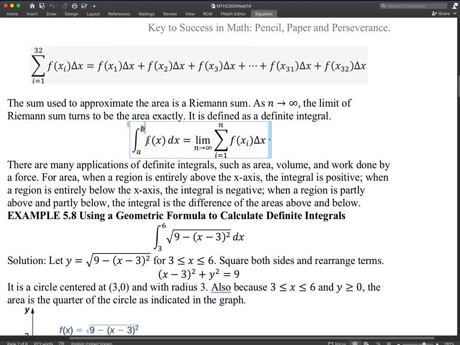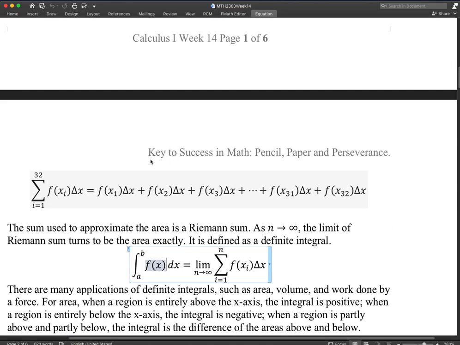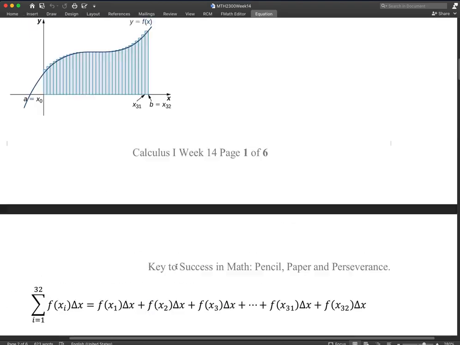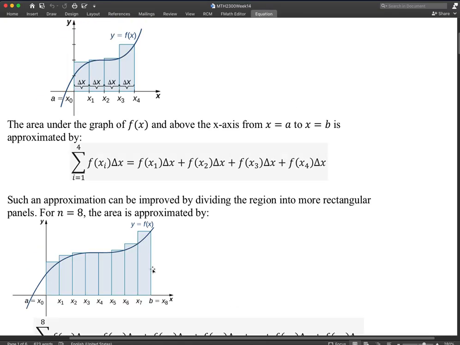And also be very careful about this f of x dx. I really want to say here, do consider f of x dx as a product. Because if you remember, we have a lot of those things, right? f times delta x, f times delta x. Basically, f times dx, it's a product. It denotes the area of a rectangular panel. Any rectangular panel is calculated in the same fashion.